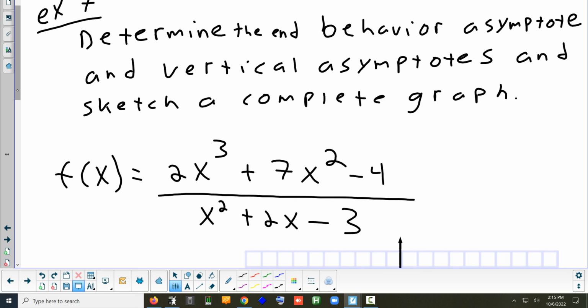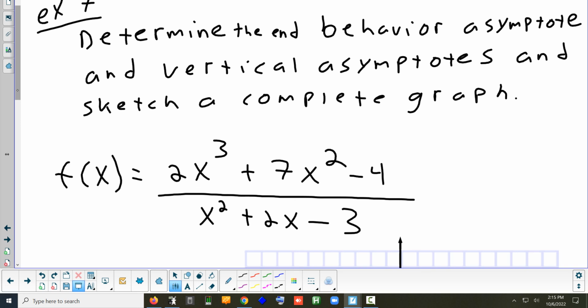Okay, what is the degree in the top? Three. What's the degree in the bottom? Two. What's the difference? One.